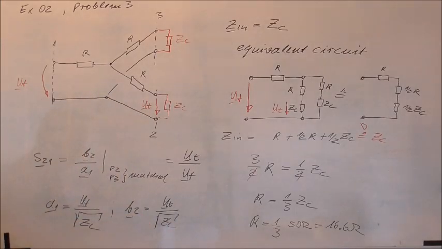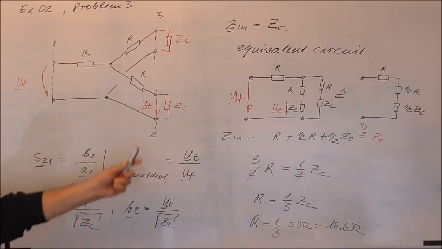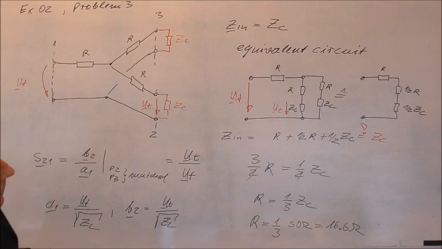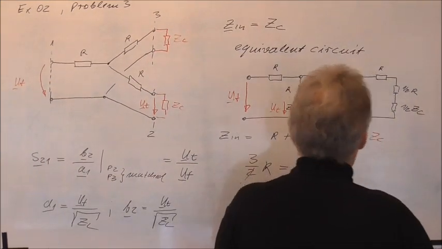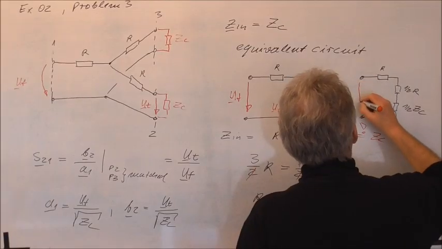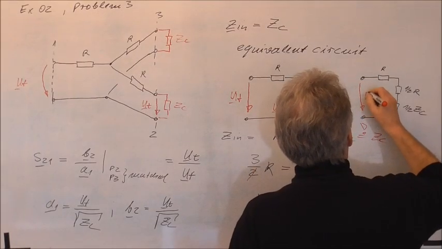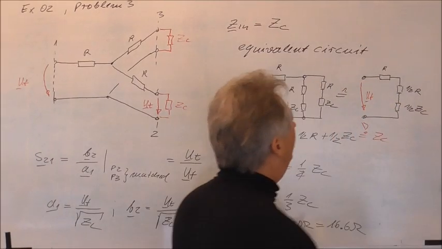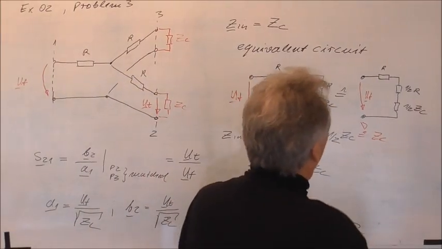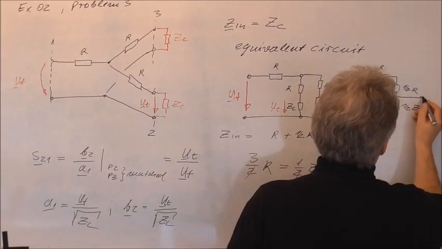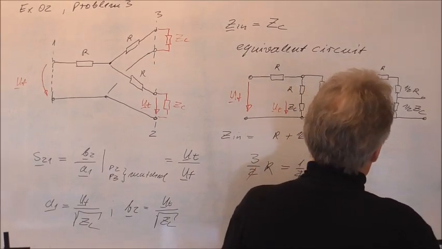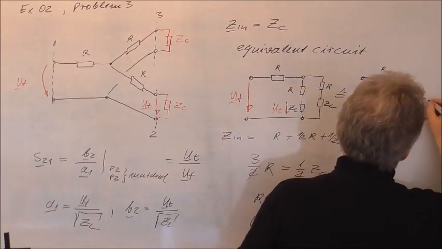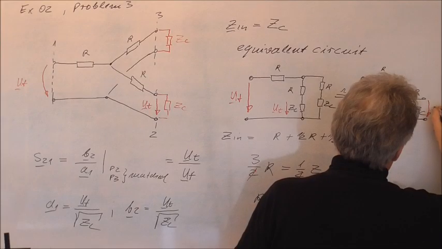So what we have here is in principle a voltage divider. So we will have here also the forward traveling wave amplitude, and here we will in principle have the transmitted wave UT.